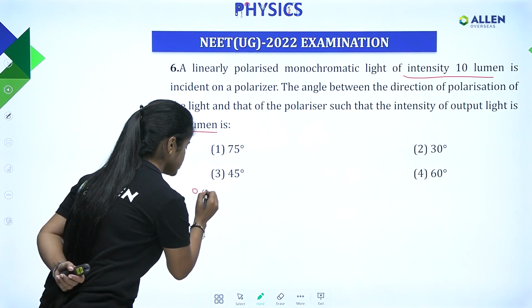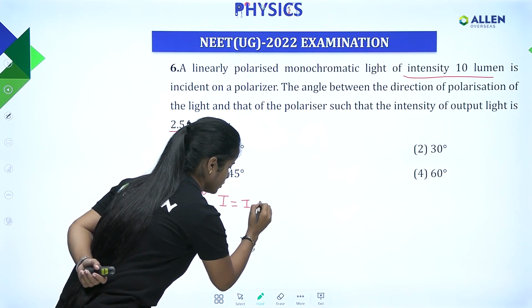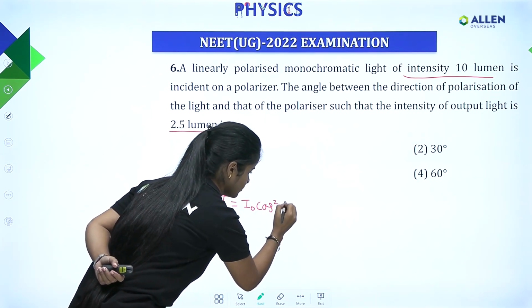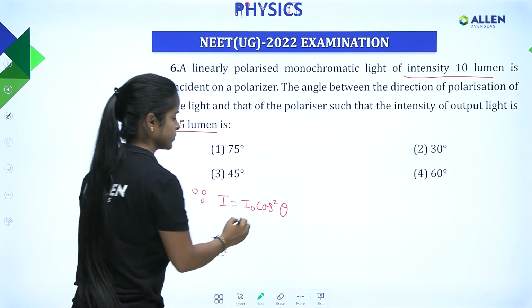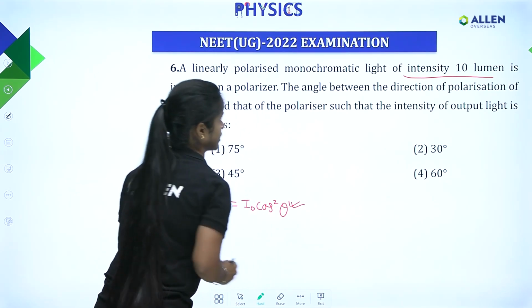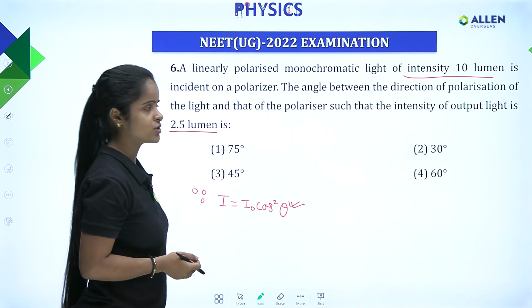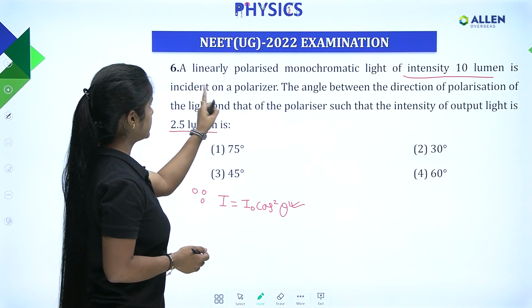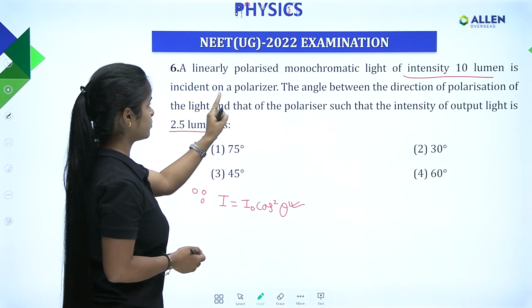Here I am going to use the formula I equals I naught cos square theta, and in this condition we have to calculate the value of theta. That is already mentioned here in the question. A linearly polarized monochromatic light of intensity 10 lumen is incident on a polarizer.